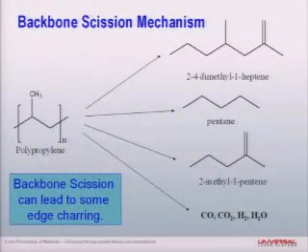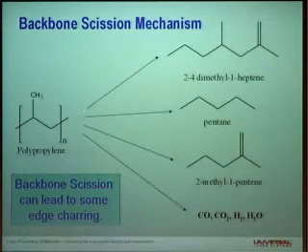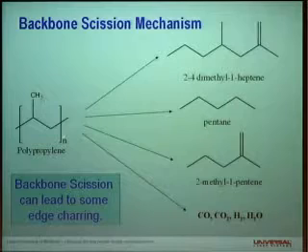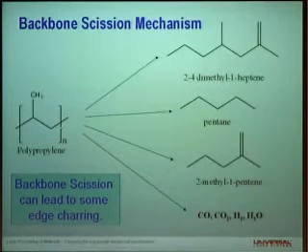Backbone scission is another decomposition mechanism, and it's a special case of depolymerization. Actually, the other way around. Depolymerization is a special case of backbone scission. So with backbone scission, we've got this long polypropylene molecule in this case. The repeating group here is the propylene monomer.